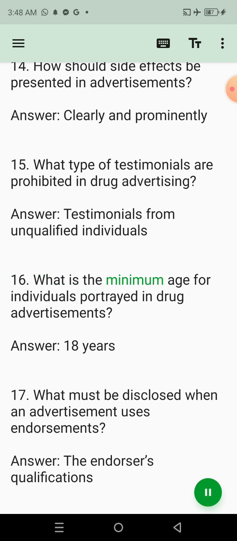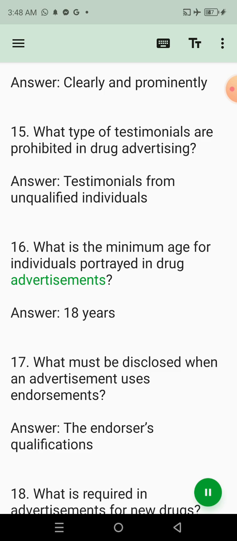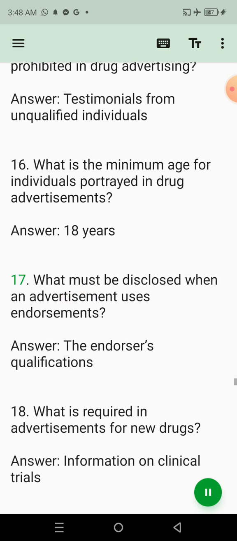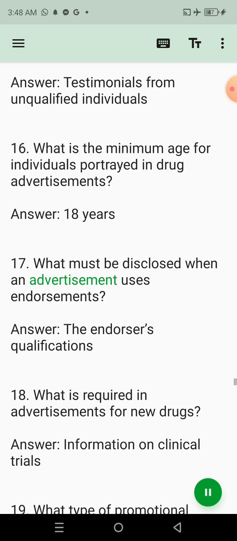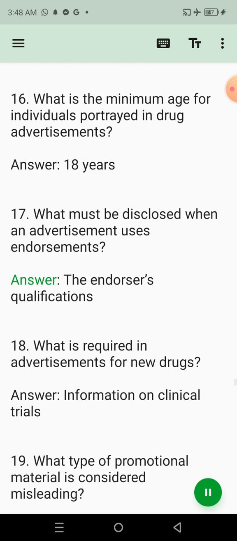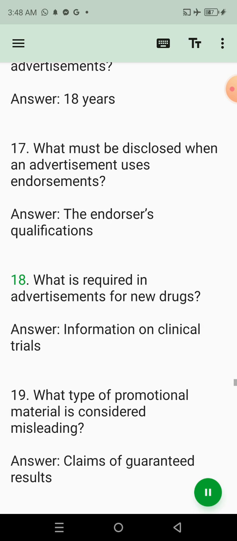What is the minimum age for individuals portrayed in drug advertisements? Answer. 18 years. 17. What must be disclosed when an advertisement uses endorsements? Answer. The endorser's qualifications.